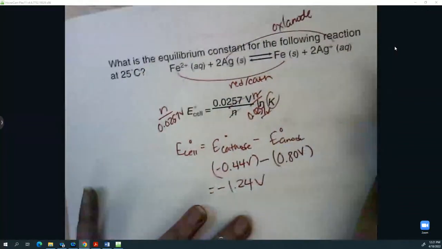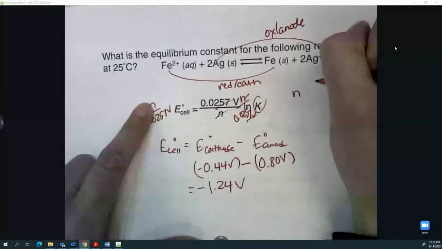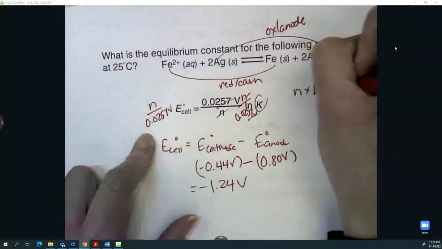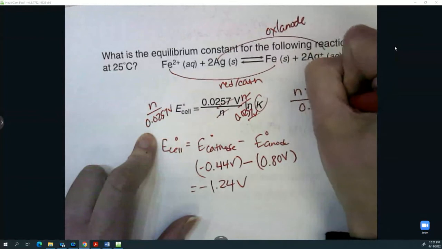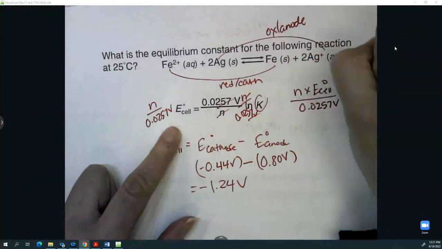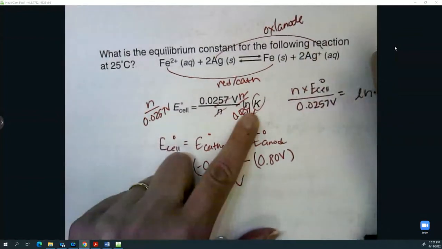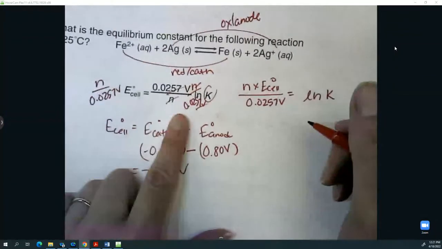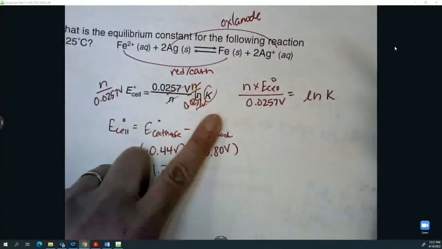So the n's cancel and the 0.025. So that gives me n times E cell standard, over 0.0257 volts. And then on this side, all I have left is the natural log of k. So that's just the algebra of rearranging this so far.